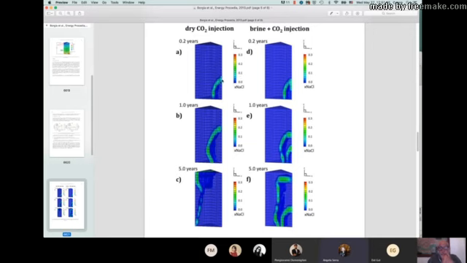10–15%. So salts start to precipitate in the fractures, and as time goes by, this salt precipitation front moves towards the production well. And after 5 years, you can see, it has reached your production well and has clogged up your production well.